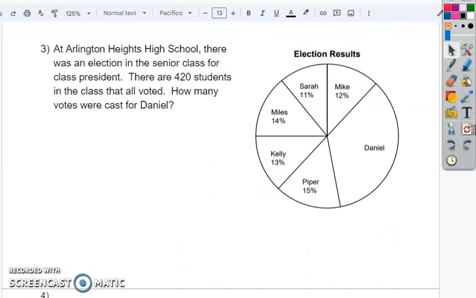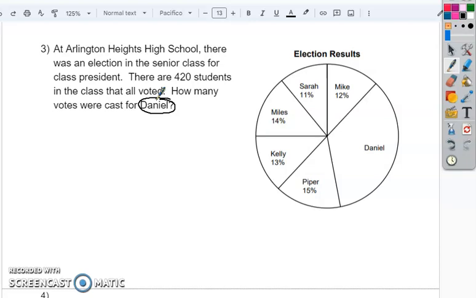Number 3, at Arlington Heights High School, there was an election for the senior class for class president. There are 420 students in the class that all voted. How many votes were cast for Daniel? Okay. Guys, I need you to remember when we do this, if you have a missing section, you're going to find it. That's not the answer. You use that to solve something else.